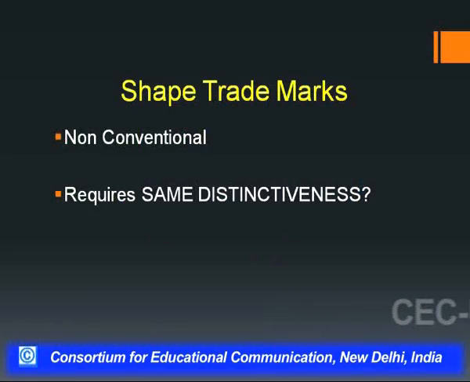Conventional marks are very simple, I mean the marks in the form of word, letter, numeral, but these are non-conventional. So they require some extra caution and care on the part of the applicant applying for the trademark and on the part of the trademark board conferring the registration on that particular non-conventional mark.